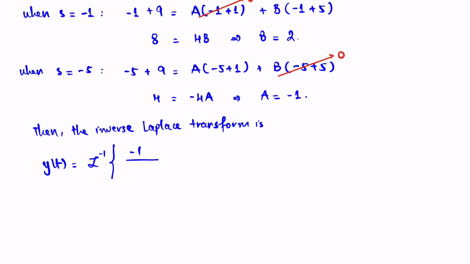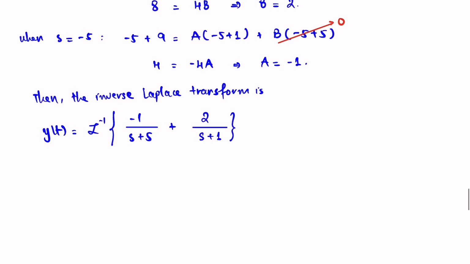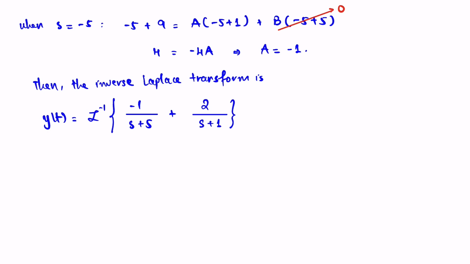So negative 1 over s plus 5 plus 2 over s plus 1. The inverse Laplace transform of the sum is the sum of the inverse Laplace transforms. You get negative the inverse Laplace transform of 1 over s plus 5 plus 2 times the inverse Laplace transform of 1 over s plus 1.